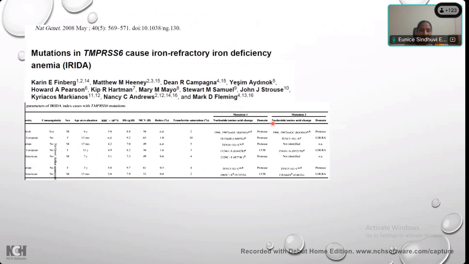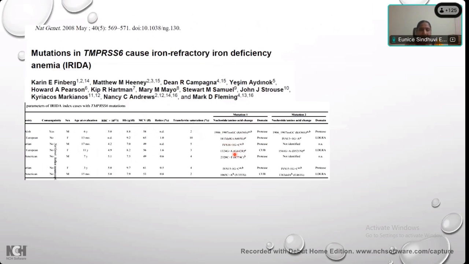This was the first paper, which came in 2008, which described a series of iron refractory iron deficiency anemia due to genetic variants in this gene. It was the first paper to report a genetic cause for iron deficiency anemia, with 7 cases. If we look at these cases, they all had low hemoglobin, the MCV was very low, and transferrin saturation was also very low, and they all had mutations in the TMPRSS6 gene.